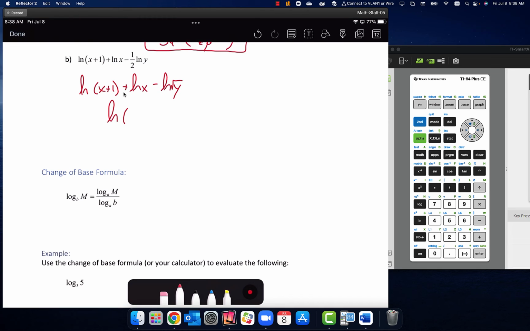Natural log of x times x plus 1 minus natural log square root of y. Then subtraction, this difference when we condense will become a quotient. So we have the natural log of, I'm going to go ahead and distribute in the top and get x squared plus x. Then in the denominator we have square root of y. And we now have a single logarithm.